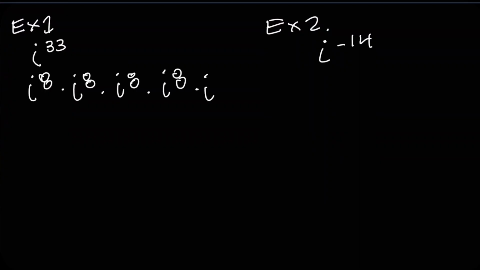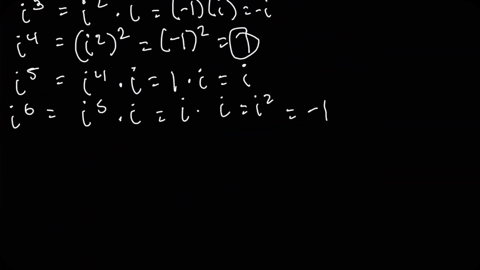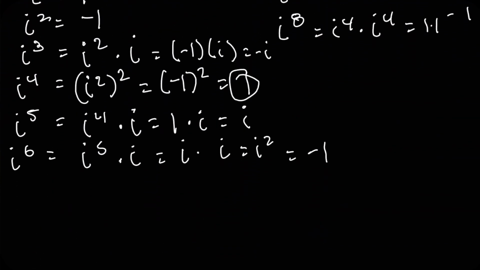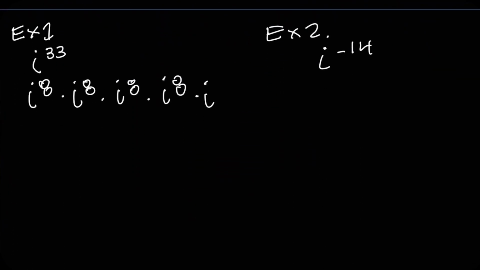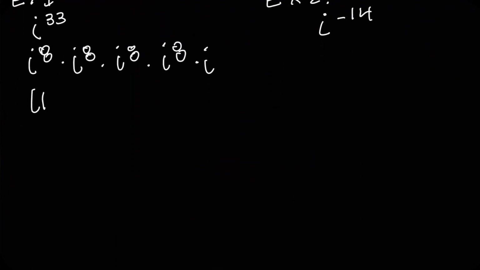If we look up top again, we simplified i to the 8th as just equal to 1. So plugging that in, we have 1 times 1 times 1 times 1 times i, which is just equal to i.